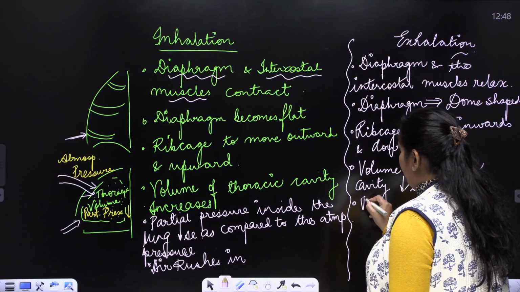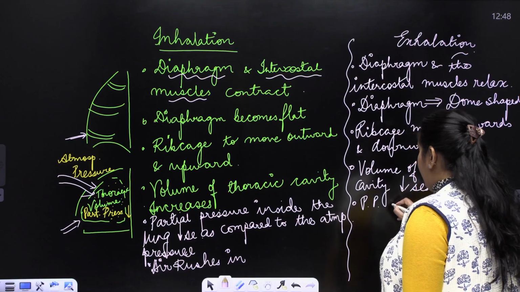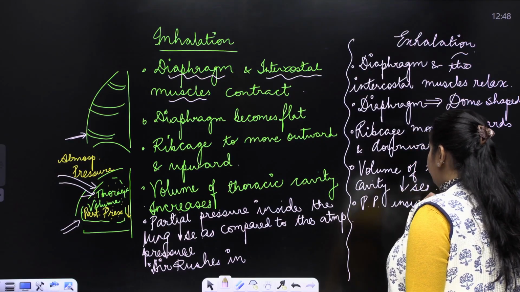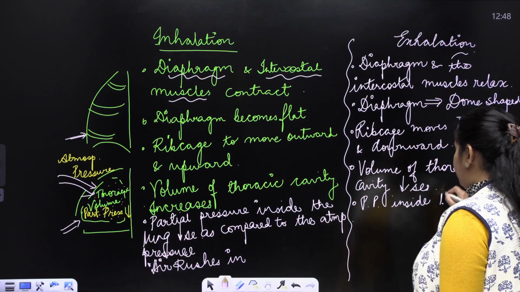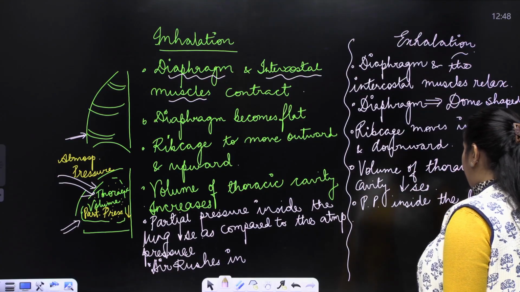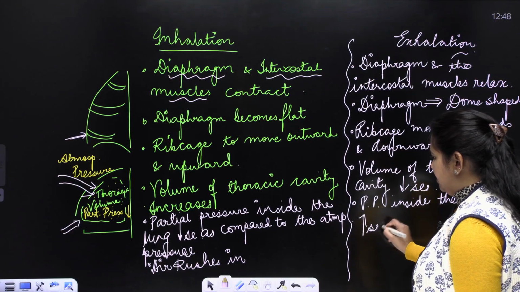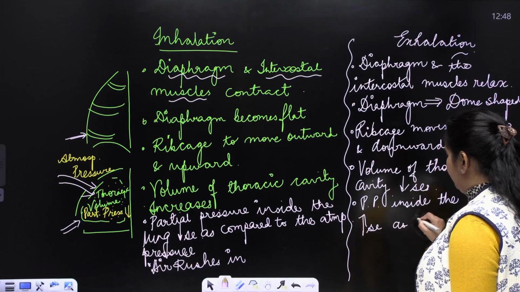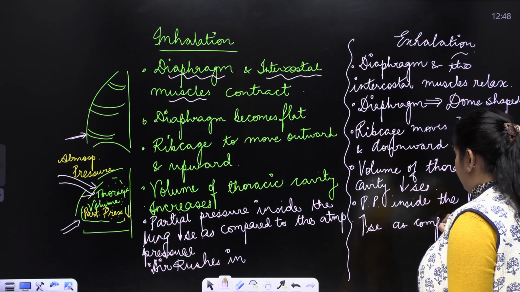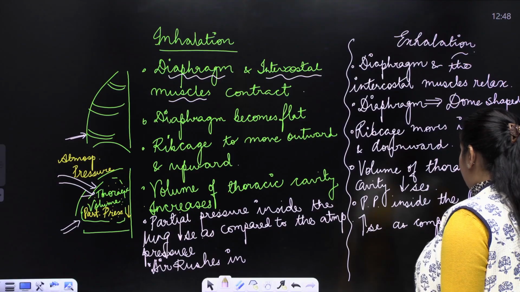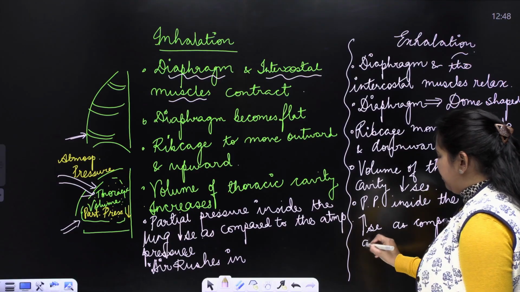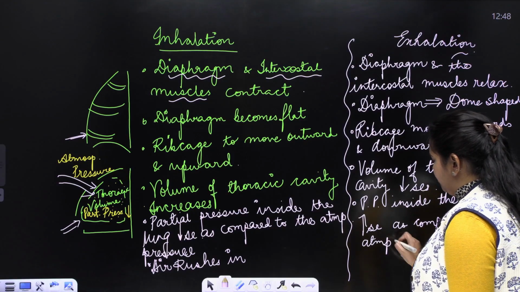As a result, now the partial pressure, PP, inside the lungs will increase as compared to atmospheric pressure.